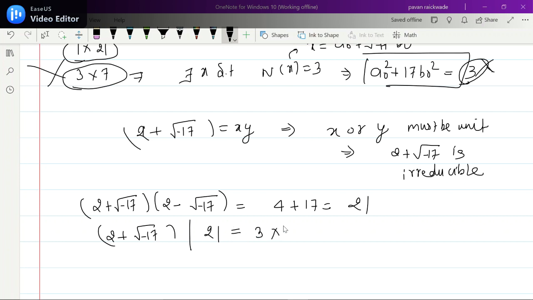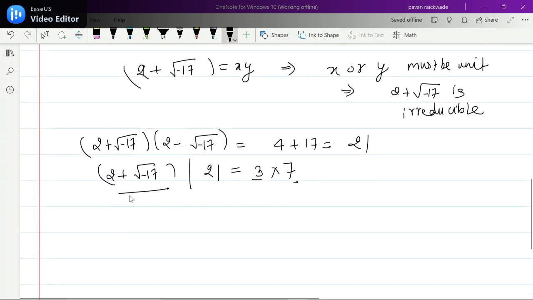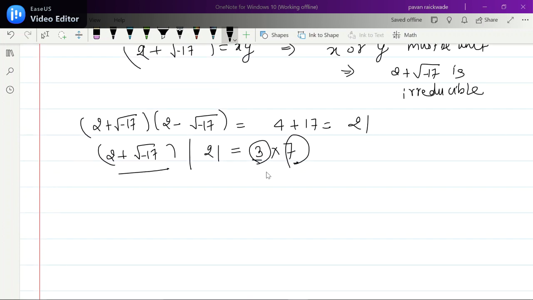So 2 plus root minus 17 in particular divides 21, which in turn equals 3 into 7. So it divides the product of 3 and 7, and I claim that it cannot divide either 3 or 7. I will show why it doesn't divide 3, and I encourage you to prove by yourself that it doesn't divide 7.